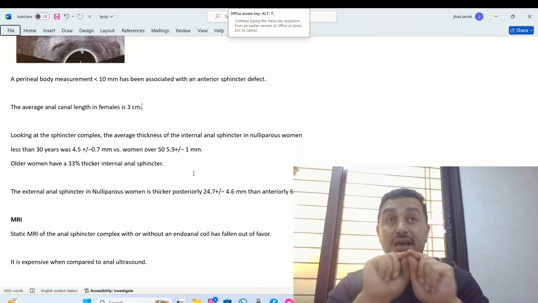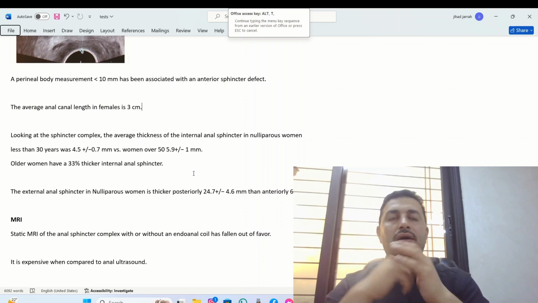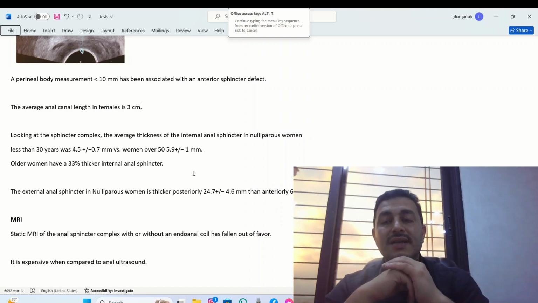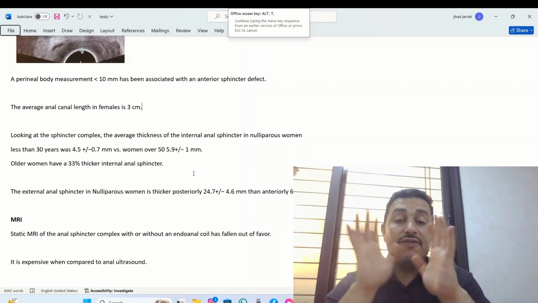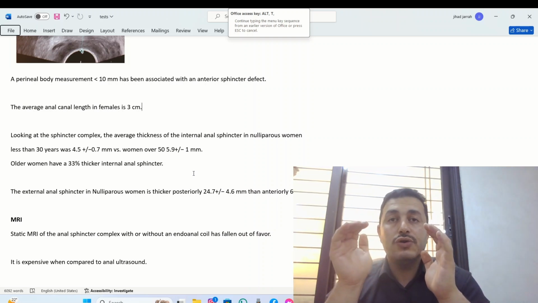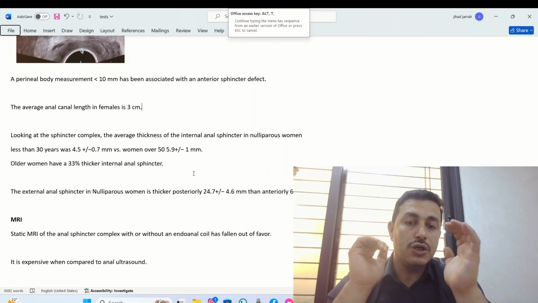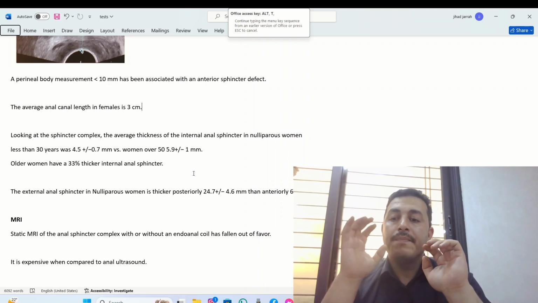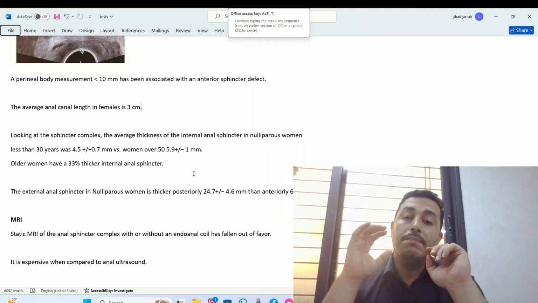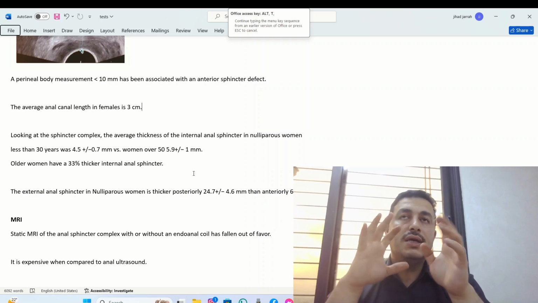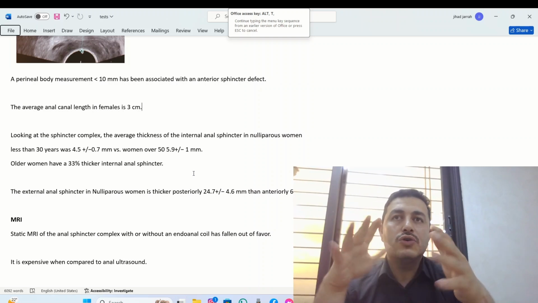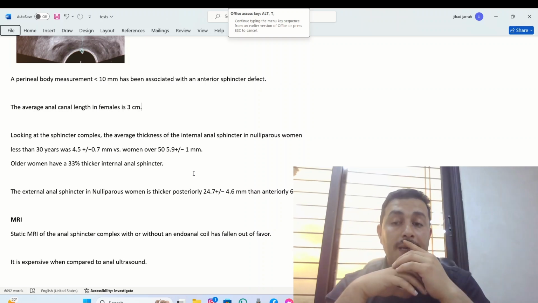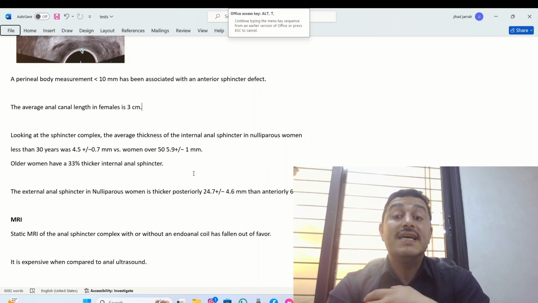It is thicker in older women. For the external anal sphincter, there's a huge variation between anterior and posterior thickness. Posteriorly it is about 2.5 centimeter, while anteriorly it is half a millimeter. So it is thicker posteriorly.